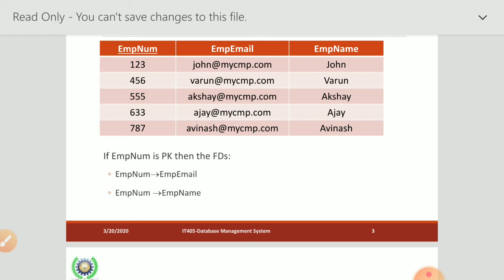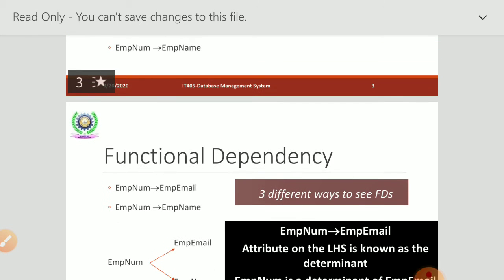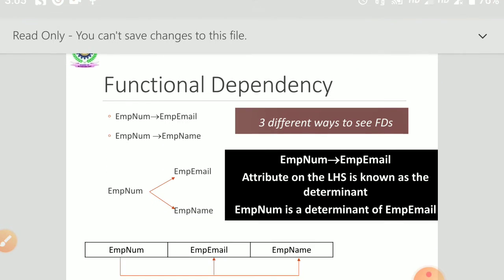So employee number can determine employee email and employee name. If we ask what is the email of 633, then we can search in the table easily the email address and the name of the related person. So here employee number determines email and name.